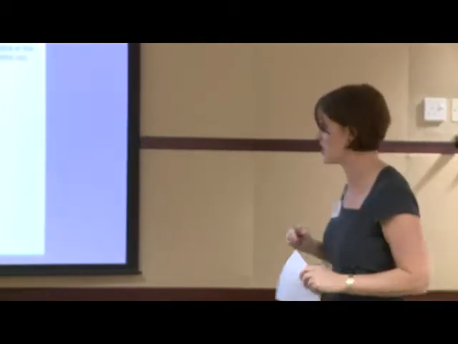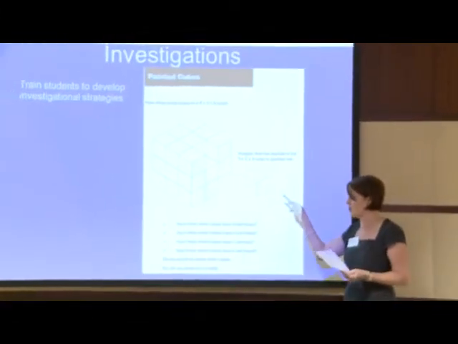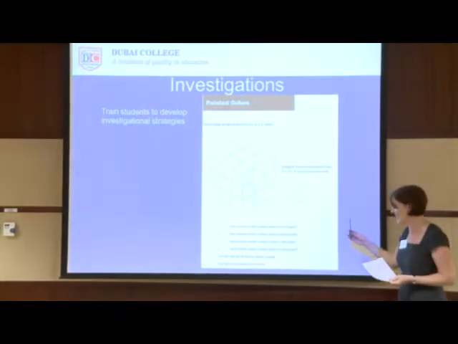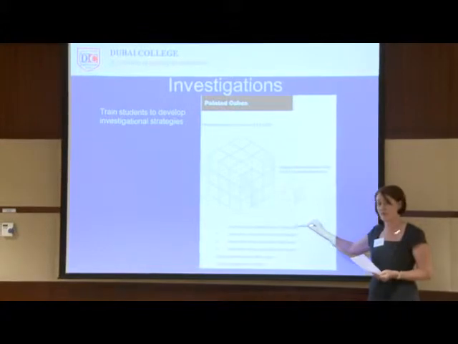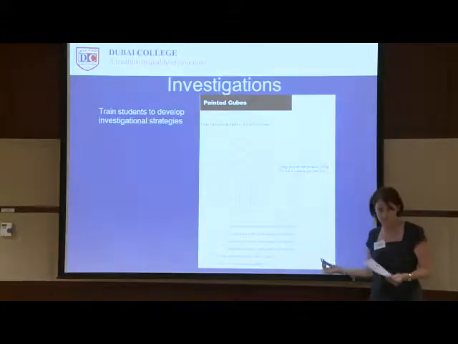This next example is an investigation that we use with our Year 9 students. Probably many of you have seen something similar or some variation of this, the painted cube problem. Essentially, a cube is painted, this time it's red, and students are led into the problem by looking at the number of smaller cubes that have 3 faces painted, 2 faces painted, 1 face and no faces.